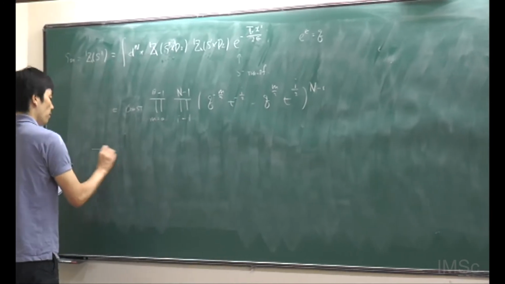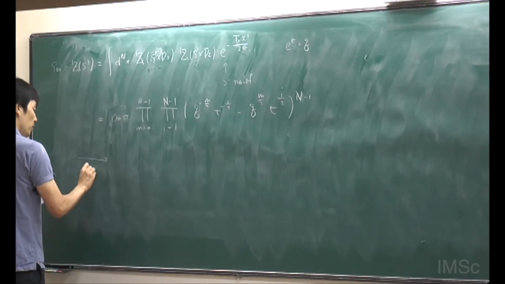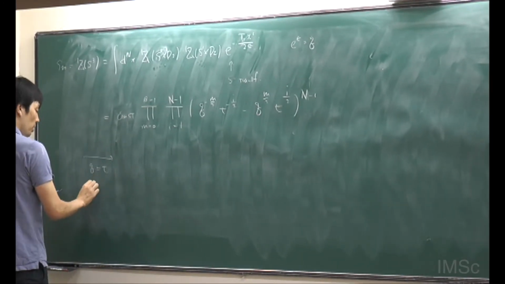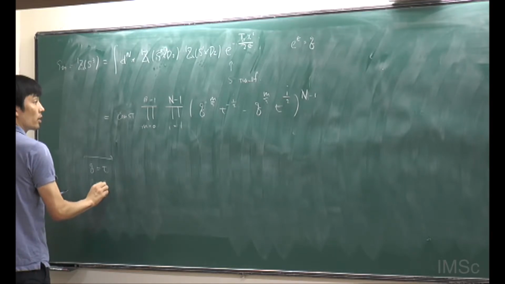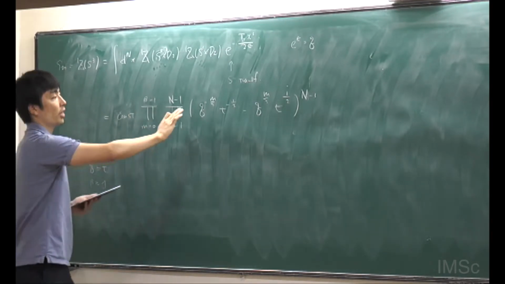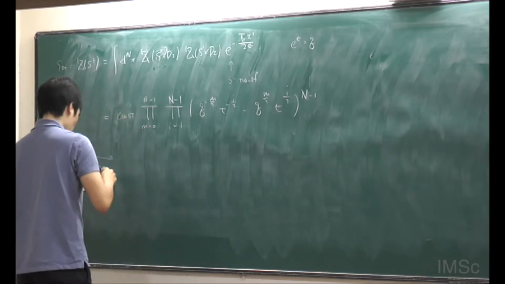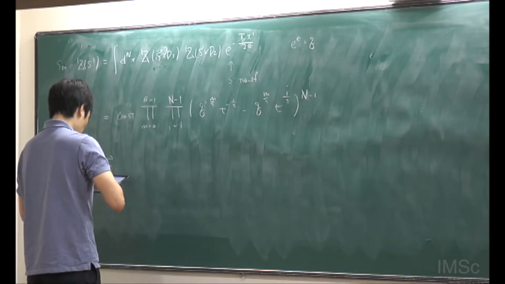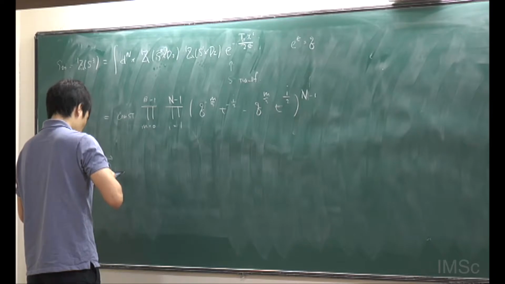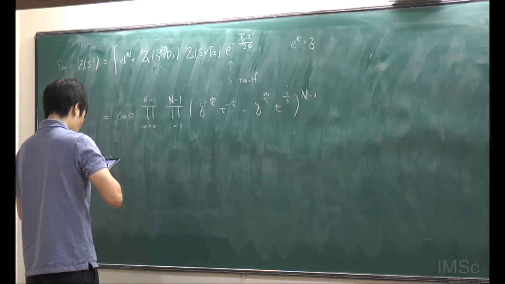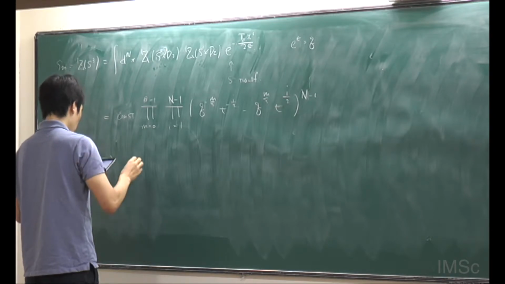When you take the unrefined limit, q equal to t, which means beta is equal to 1, I think this will drop off, and what you're going to get is what I have written down before.